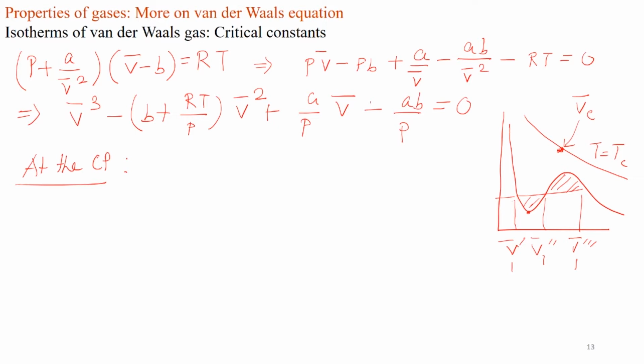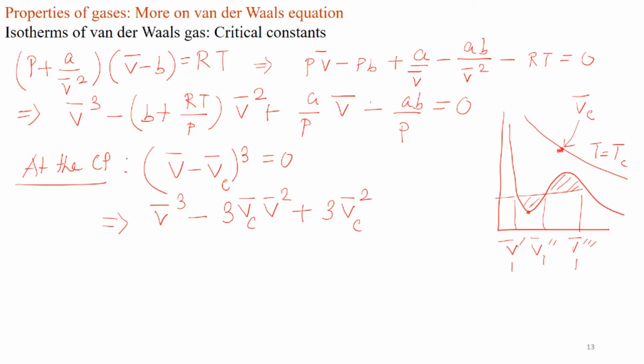If we call that root Vc, which is the critical volume, we can write this, and we can expand this as. Now we have a very interesting situation.